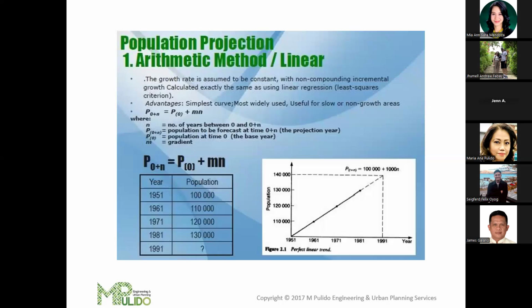So P0 is the base year, and what you're projecting is P1991, so that's the problem. P1991 equals 100,000 plus 1,000 times 40 equals 140,000. Even by inspection you can already answer that, but just to make sure we're using the formula.